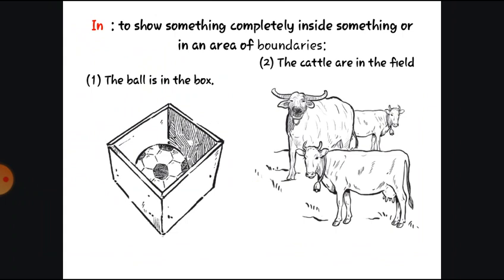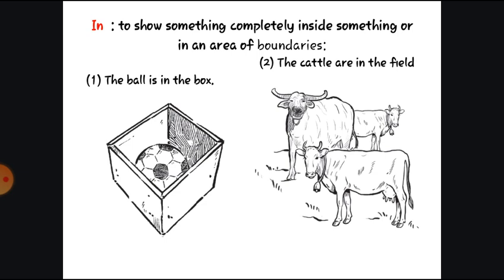Even in your book, you can see, study the pictures and the use of prepositions. So let's first talk about in. In your book, you can see two pictures given there.